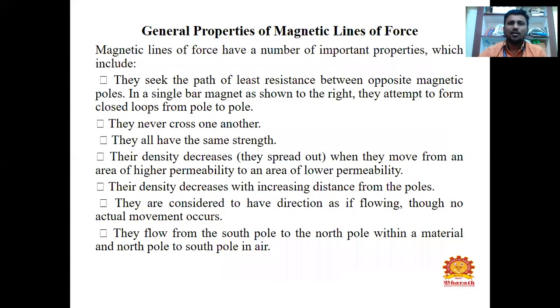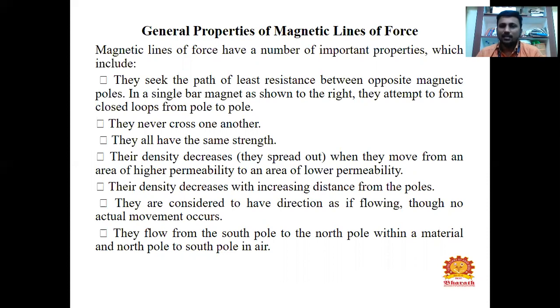Now, the general properties of magnetic lines of force. The magnetic lines of force have a number of important properties. They seek the path of least resistance between opposite magnetic poles in a single bar magnet, as shown to the right.